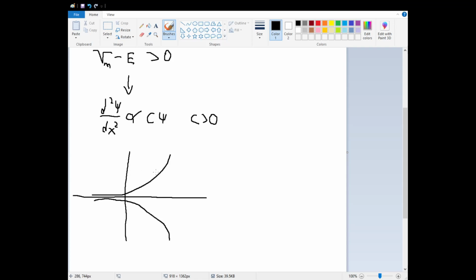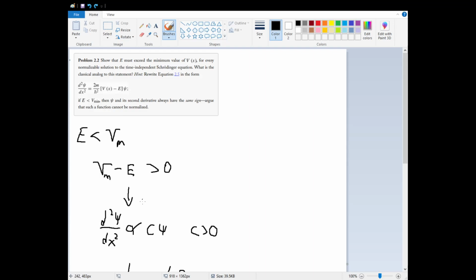So if the concavity is always the same sign as the value of the function itself, then if the function is positive valued, it can only ever be concave up, and if the function is negative valued, it can only ever be concave down. So these two resultant functions go to positive and negative infinity respectively, and if we take the magnitude squared of this, that's still infinity. So as a result, these functions are not normalizable.